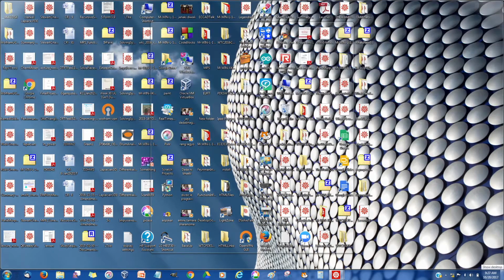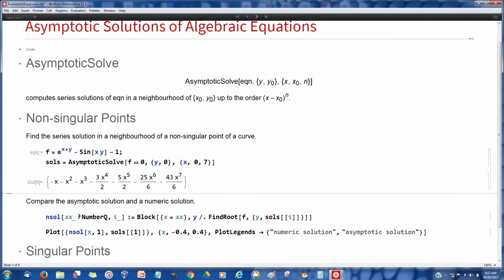So now we get a series in x, and there is exactly one solution also. So we can compare the solution and the numeric solution. You can see that we can also use the solution to get the numeric solution.